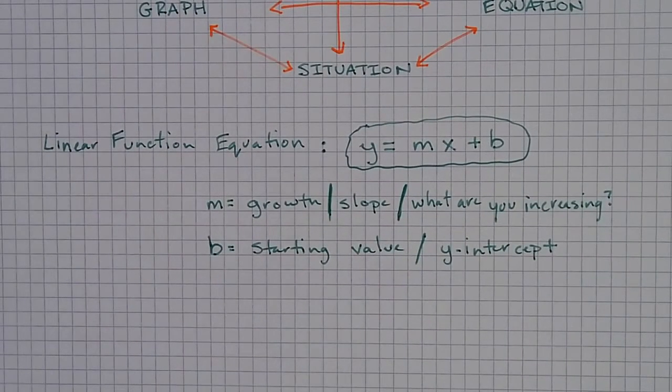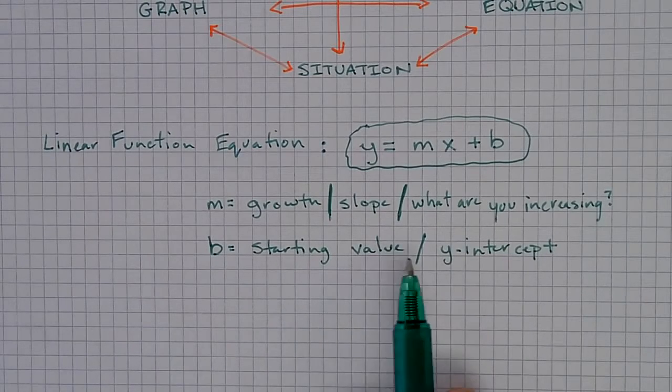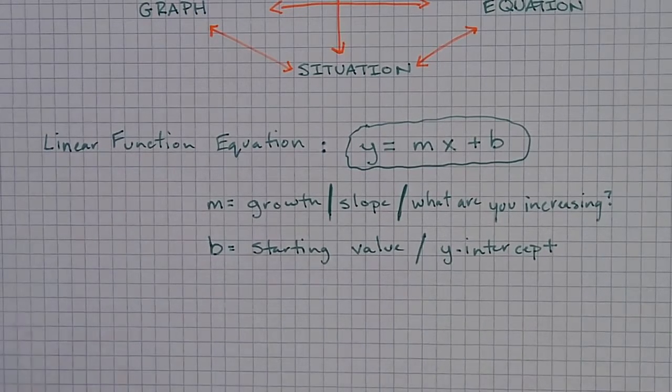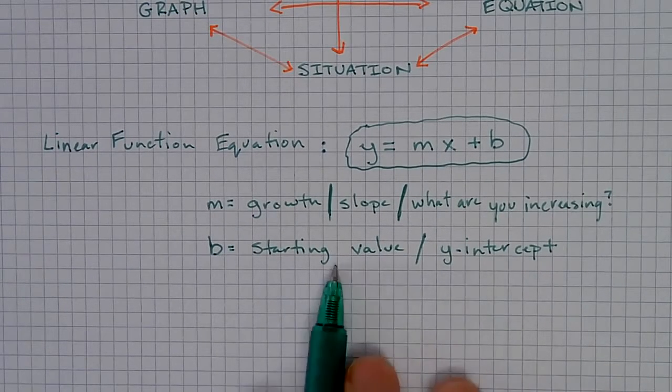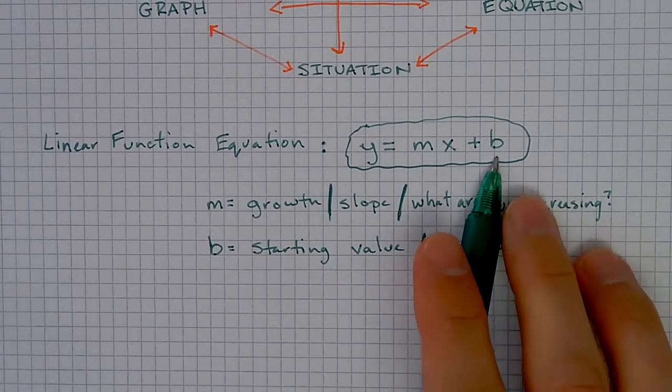And then our b value is going to be either our starting value or our y-intercept. Again, they mean the same thing. Whenever x is equal to 0, y is going to be your y-intercept, your starting value, that we plug in for b.